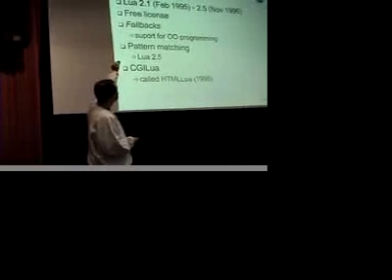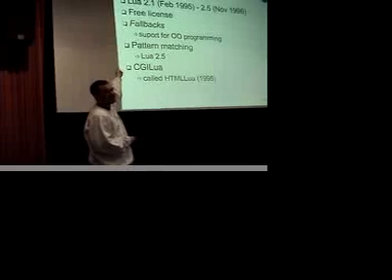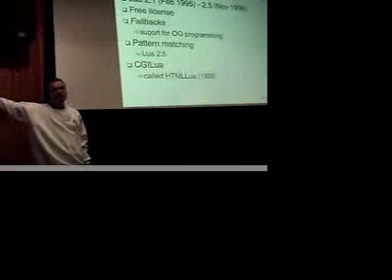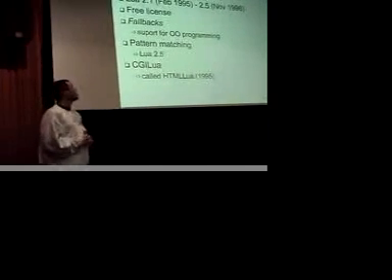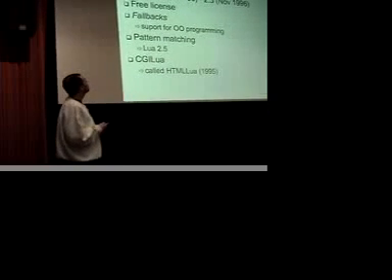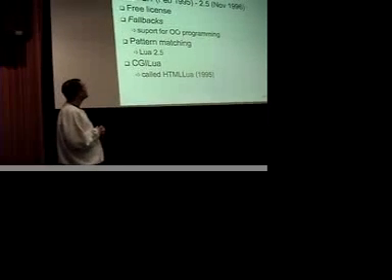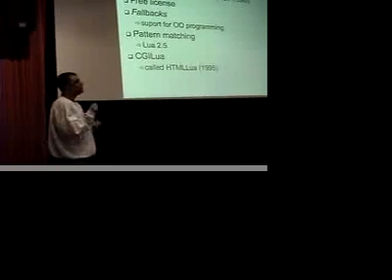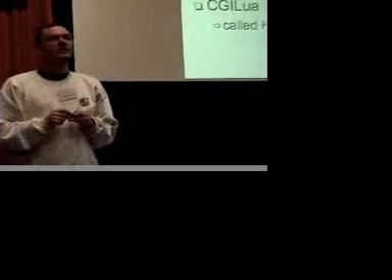So in Lua 2.2, we introduced fallbacks that later evolved into metatables and metamethods, through the tag methods that we had in Lua 3 and Lua 4. We also introduced the colon syntax as sugar for method calls and method definitions.